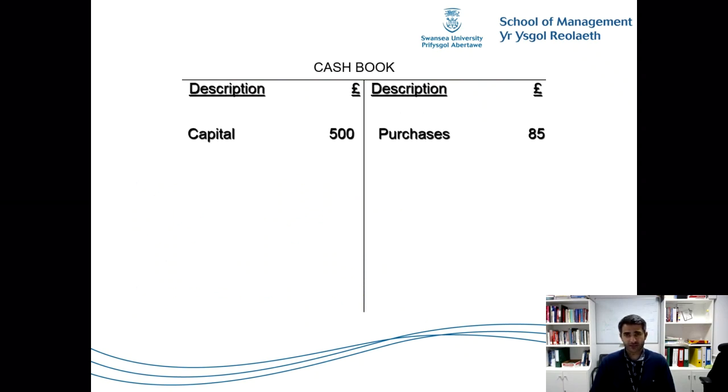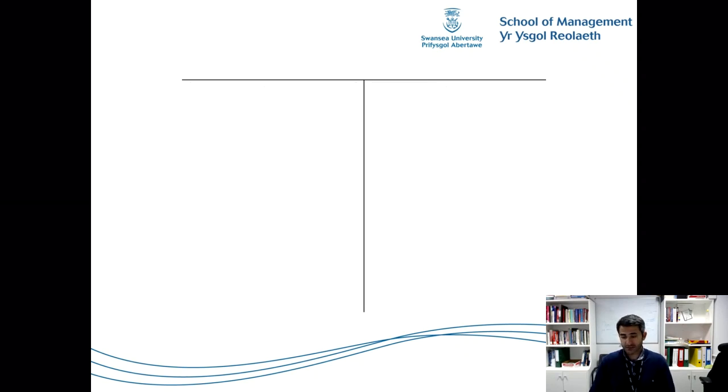What you need to do is add the cash side, and money in should be on the debit side. So £42 on the debit side, our cash goes up by £42. Why? Because of sales. And that's why you need to open a T account for sales.